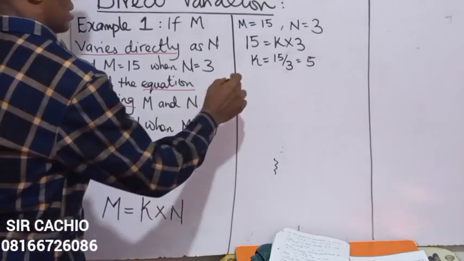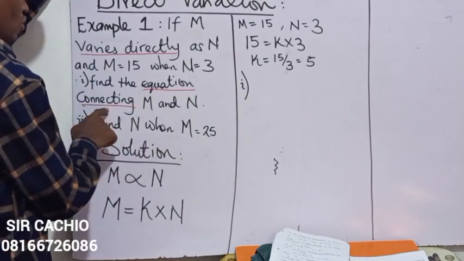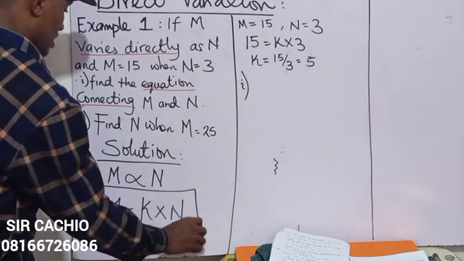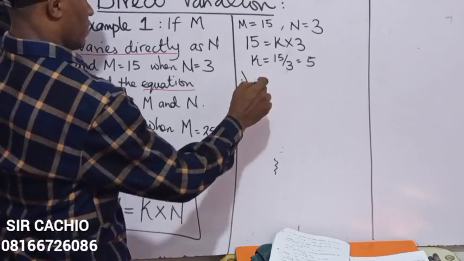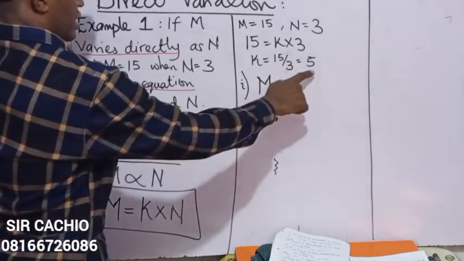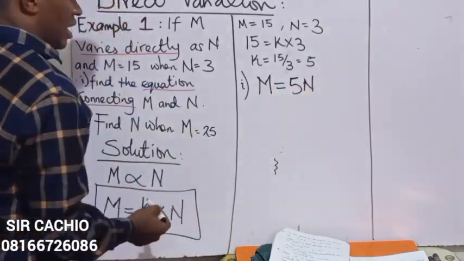Hence, for question I, the equation connecting m and n is m equals 5n, and that is it.